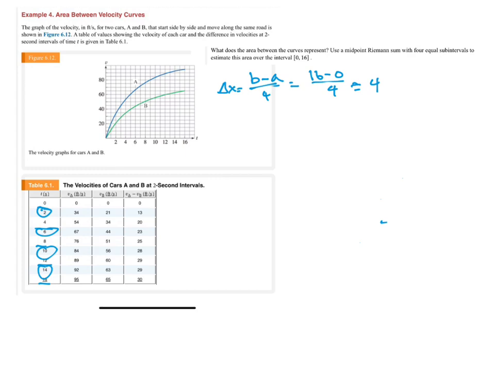So when we write our Riemann sum, we're going to have delta x times f of the midpoint value. You could say 4 minus 0 over 2, and you could split it like that, plus delta x times f of 8 minus 4 divided by 2. That's how we're finding that middle value. Are y'all following that?